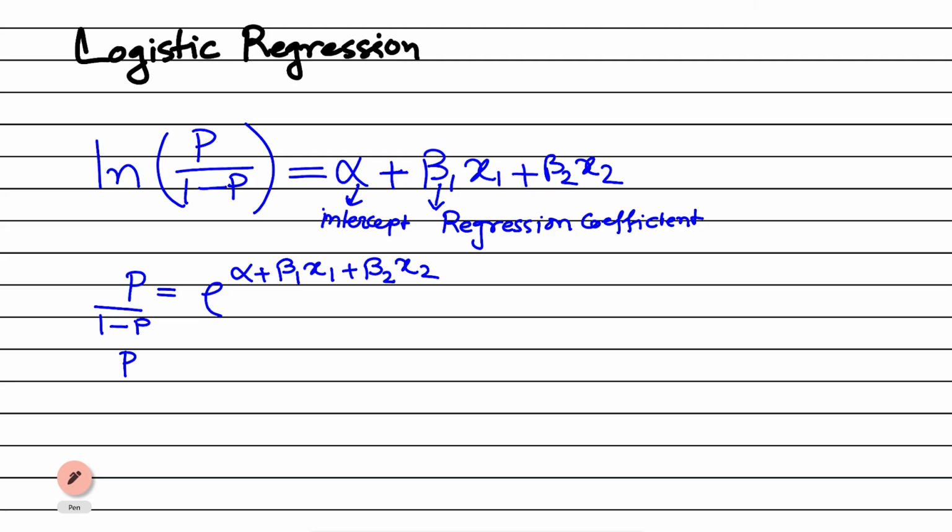If I add 1 on both sides, and then flip it, or take the inverse, I get 1 minus P equal to 1 by e to the power alpha plus beta 1 x1 plus beta 2 x2, plus 1.